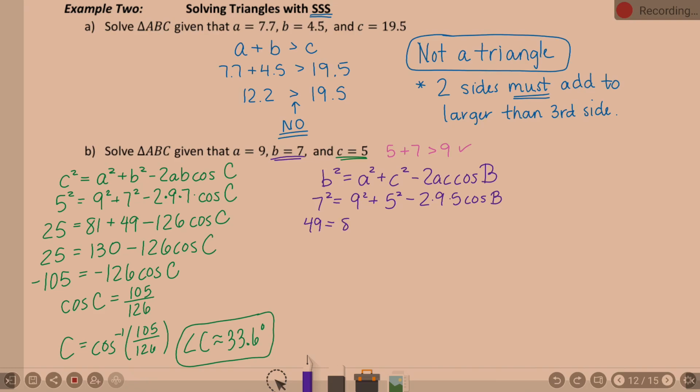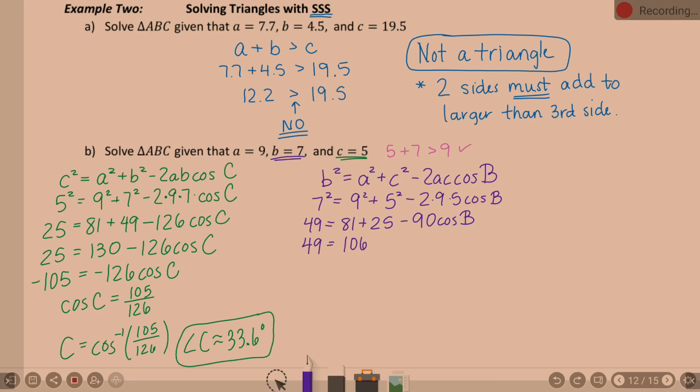49 equals 81 plus 25 minus 90 cosine B. I'm going to add my 81 and 25 together.